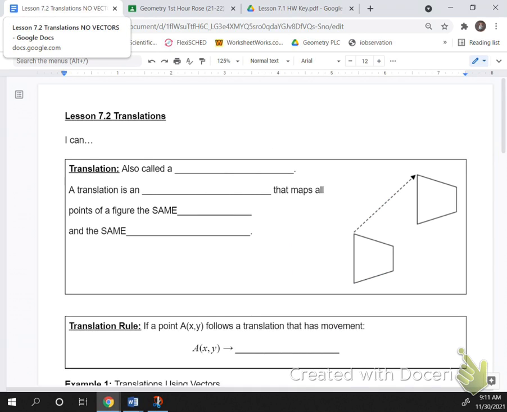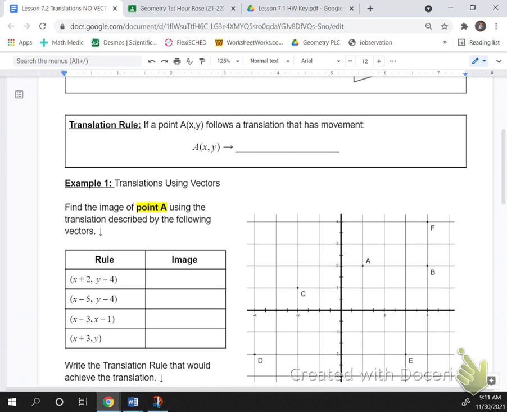So when I talk about a translation rule that we'll see in a minute, when I have x plus a number in my coordinate pair, that means we're going to move which way on the graph? Right.